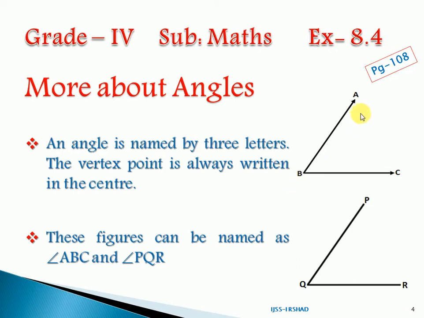So the possible name for this angle will be angle ABC or CBA. Both are correct. Similarly for this one you can write angle PQR, or in another way you can write RQP. So you can start the name from the starting of any arm, either from this arm or from this arm.